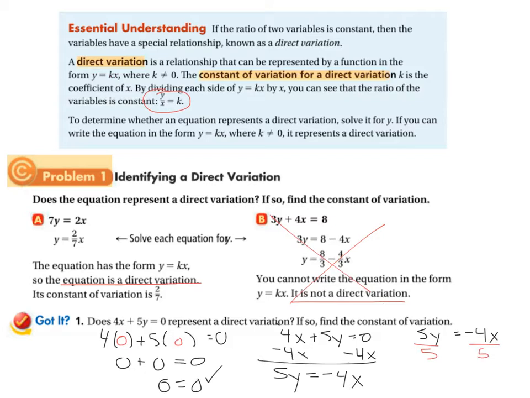And what we get then is y equals negative 4/5 x. And the constant of variation is whatever's sitting in front of x once you write it in the y equals kx form. So that means that k is equal to negative 4/5.